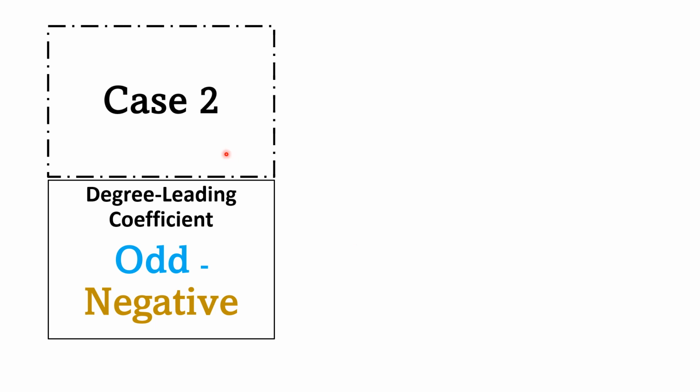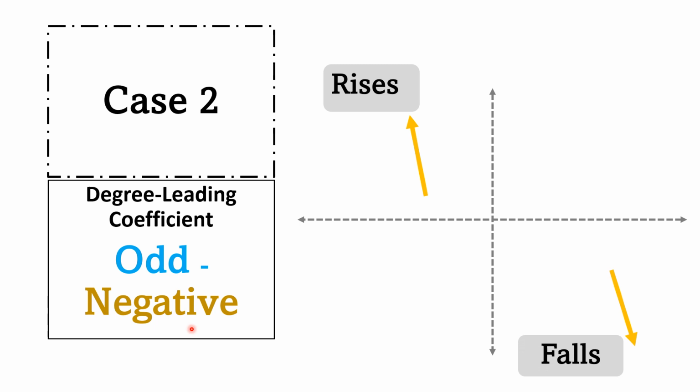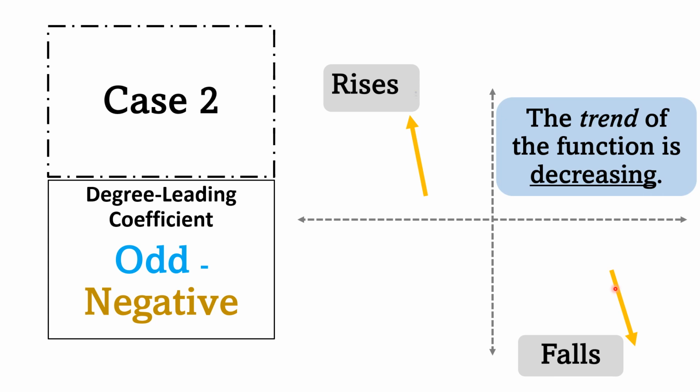Case 2. If the degree is odd and the leading coefficient is negative, the left end rises and the right end falls. We can also say that the trend of the function is decreasing.